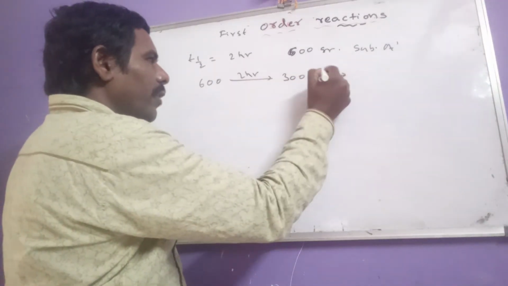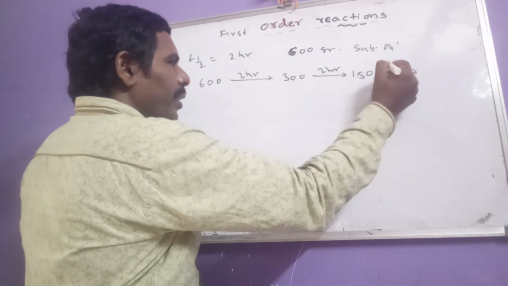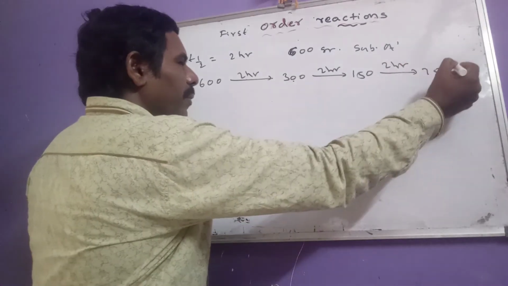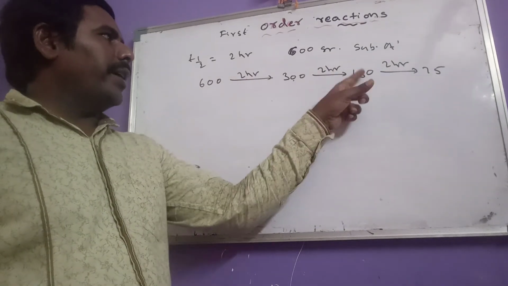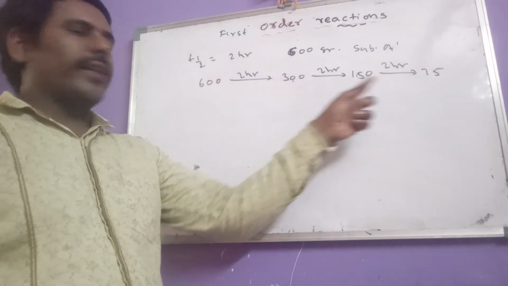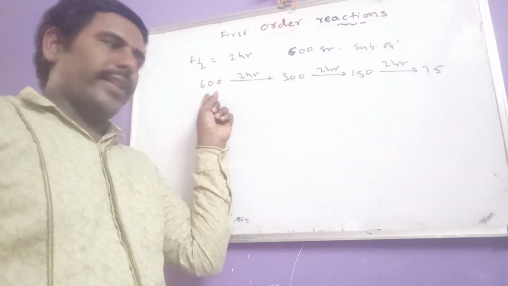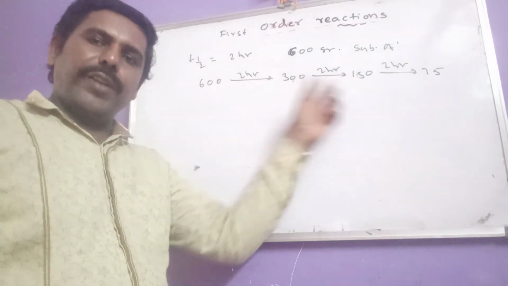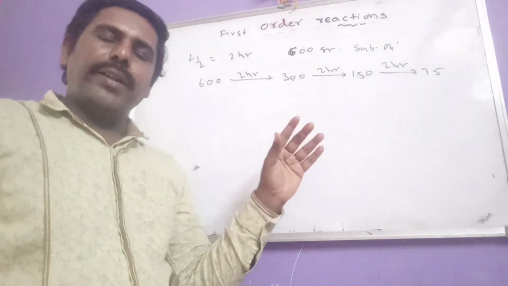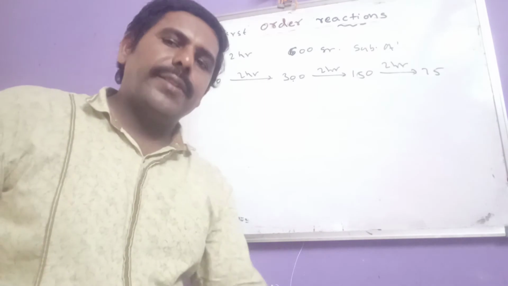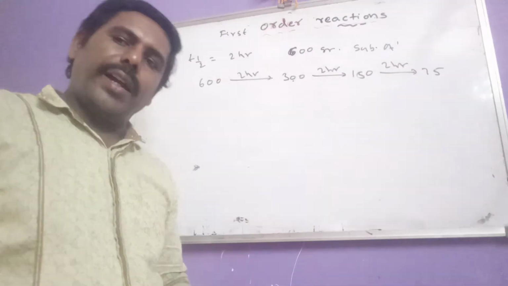In another 2 hours, 300 becomes 150, and in another 2 hours, it becomes 75 grams. Whether the initial concentration is 600, 300 or 150, for the same substance the half life remains constant. This is the half life of first order kinetics.